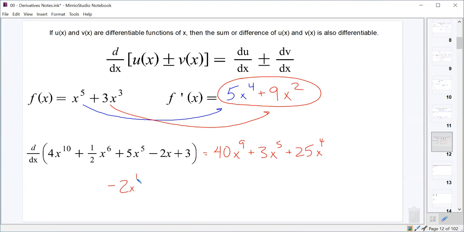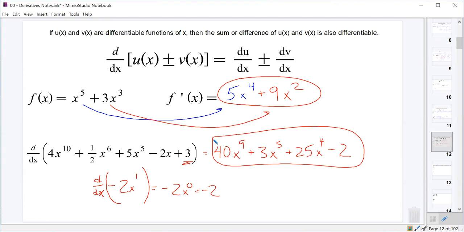And so if I take the derivative of that, that should be negative 2x to the power of 0. Well, x to the power of 0 is just 1, so the negative 2x becomes minus 2. And then the plus 3, our first rule of the day was the derivative of a constant is 0. So that one just falls off. And this is our final answer.